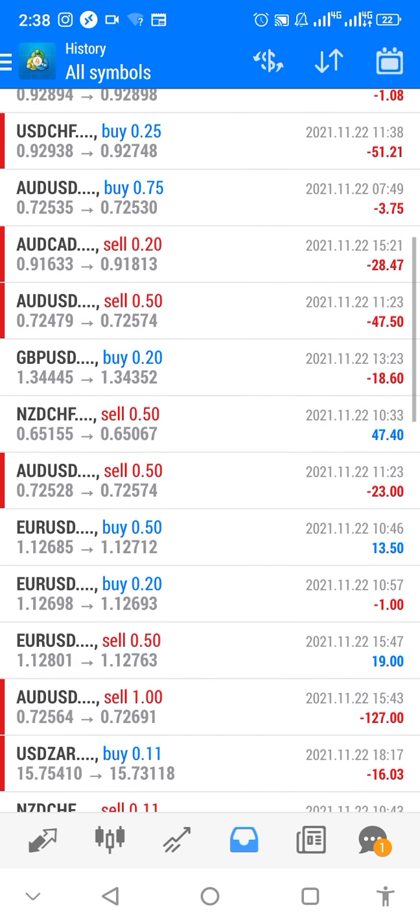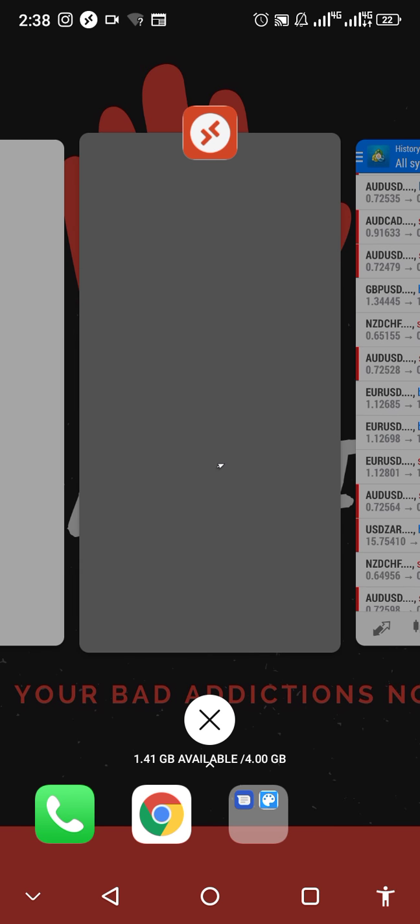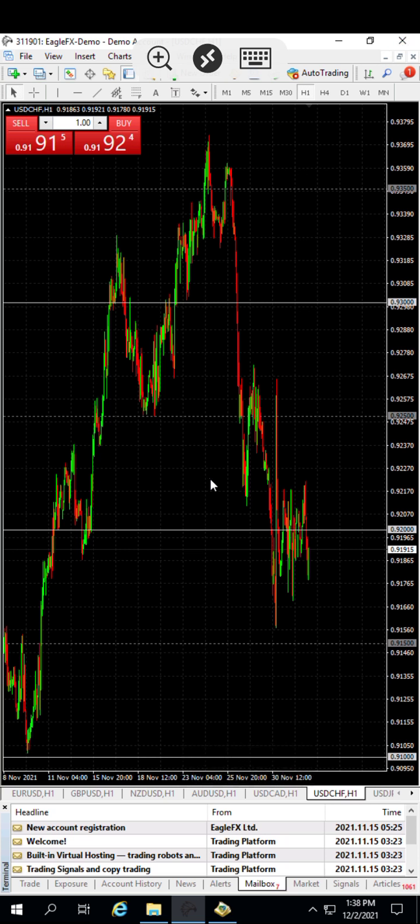Okay, so messed up. Now this is NZD CHF. How did I get the NZD CHF trade? I used this same thing that happened here. The NZD CHF, I managed it well.